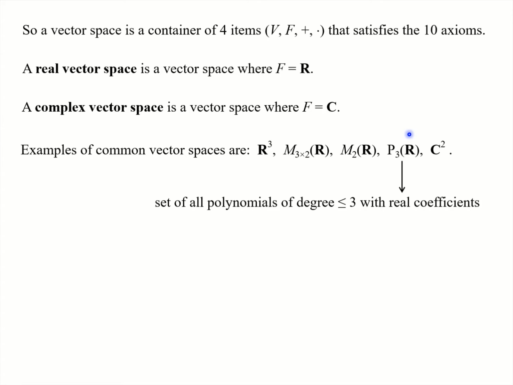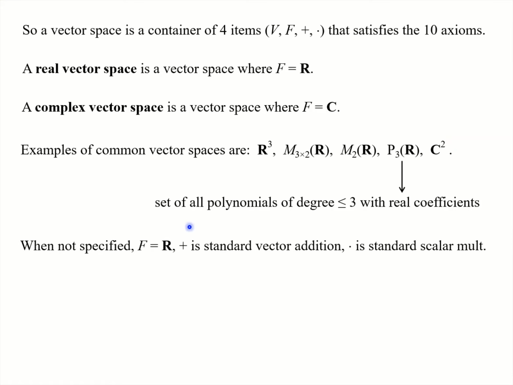That's what the R stands for. So the coefficients have to be real numbers. And so that's a common vector space as well, and we'll work with that vector space a lot in this class. C2, ordered pairs of complex numbers. We won't work too much with that in this class. Those are examples of common vector spaces.